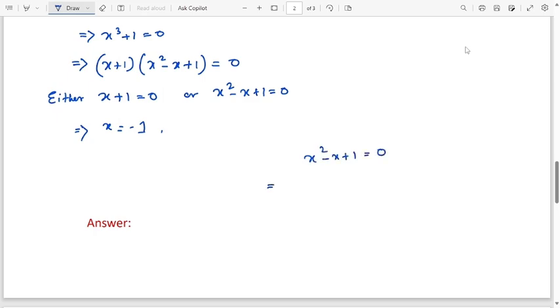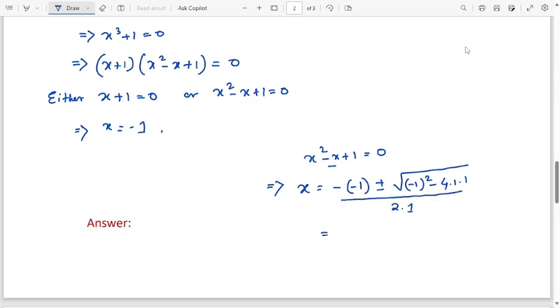We are again using the quadratic law. This will give x = −b ± √(b² − 4ac) over 2a. Here b is −1, so −b is minus of minus 1, which is 1. Then plus or minus the square root of (−1)² − 4·1·1, over 2 times 1.